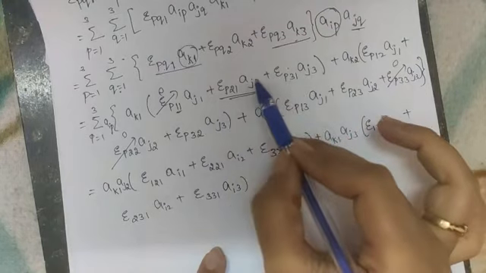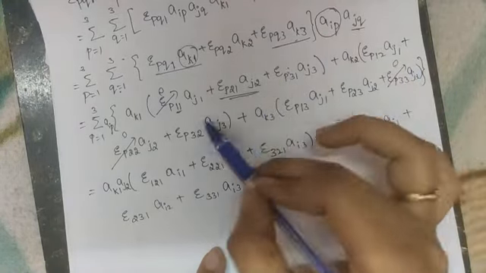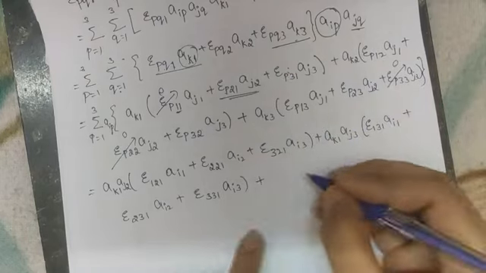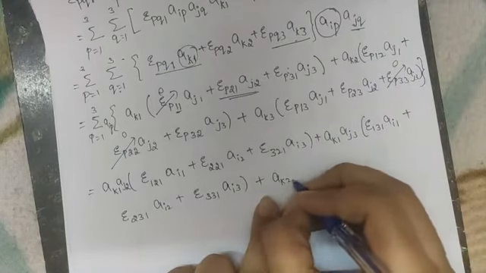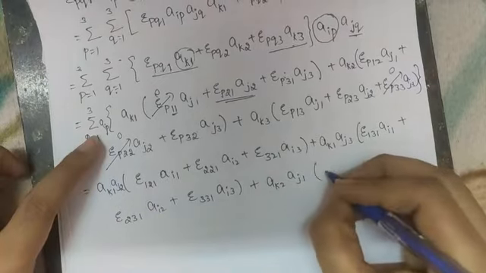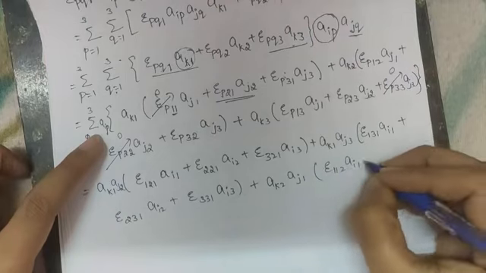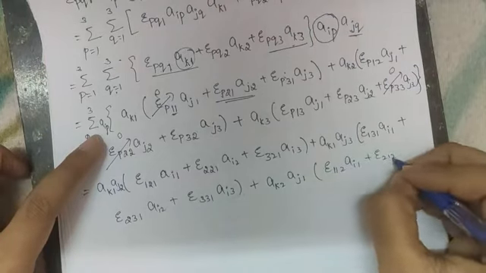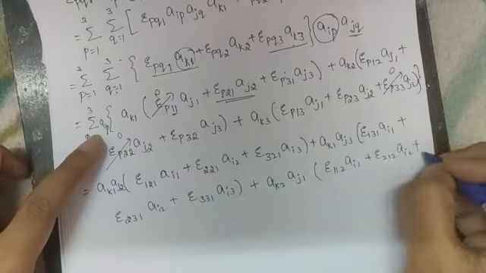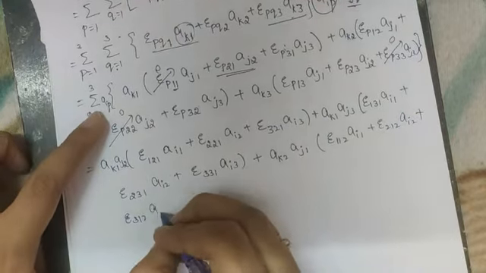This is from these two terms. Similarly we have to write for these two, plus ak2 into aj1 into epsilon 112 ai1 plus epsilon 212 ai2 plus epsilon 312 ai3.